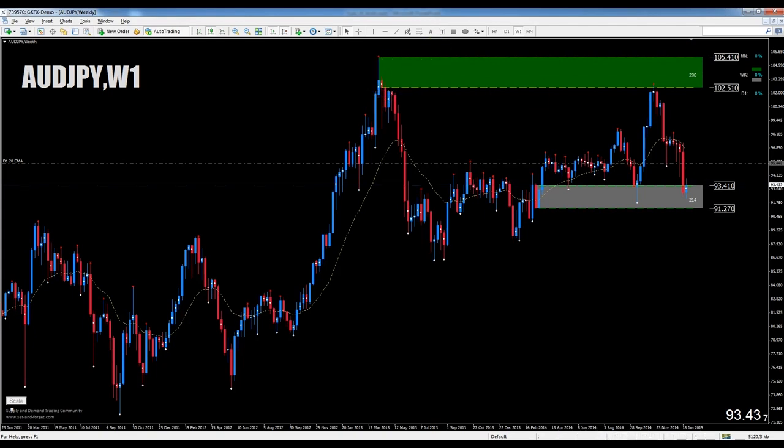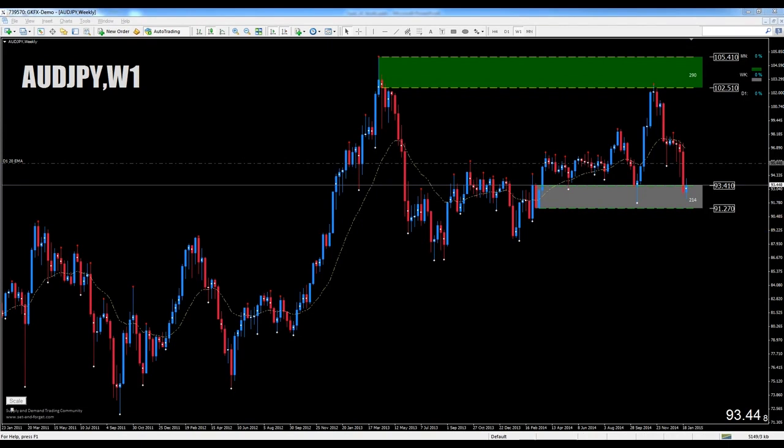So it is well located. We could have a daily area of supply right there. So that would be a location type of trade. A daily area or a 4-hour supply area nested at the proximal line of that weekly area of supply. That is a good location. It is located right there for a possible short if all the other rules apply.